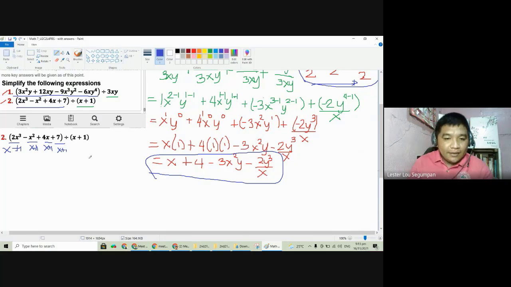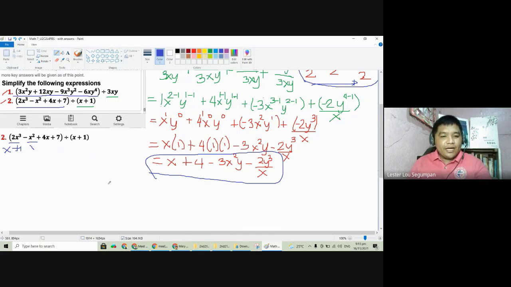Take note that if you have an expression just like this, 1 plus 4, you cannot cancel that out. Probably some of you might be thinking about that. Since the operation separating the terms in the denominator is not multiplication, and the cancellation law, in its longer name, is the cancellation law for multiplication. So let's not do that.